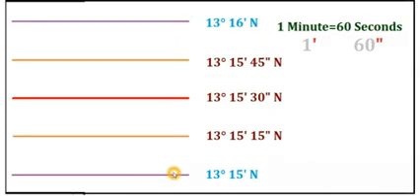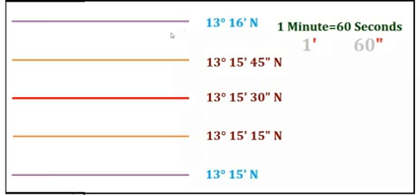So the 4 lines represent 13 degree 15 minute north, 13 degree 15 minute 15 second north, then 13 degree 15 minute 30 second north, and 13 degree 15 minute 45 second north, then 13 degree 16 minute north. That means just as we cross, 1 minute is equal to 60 seconds.